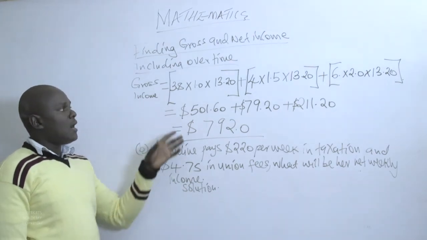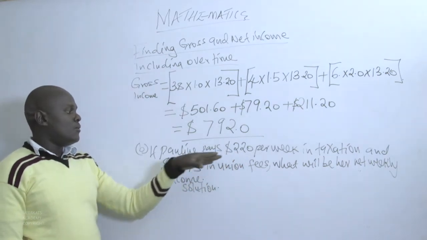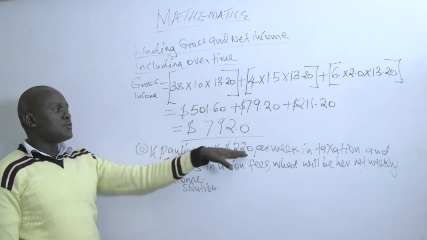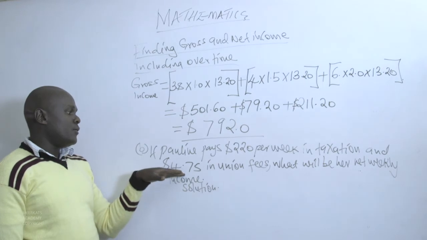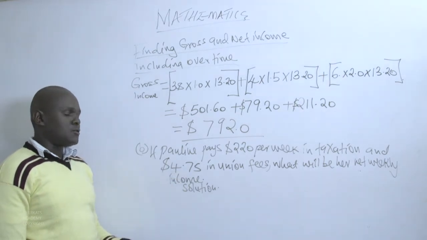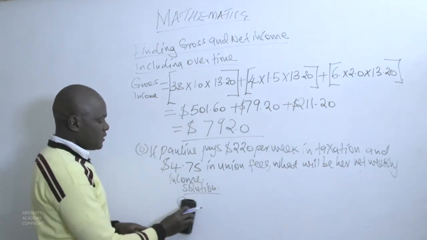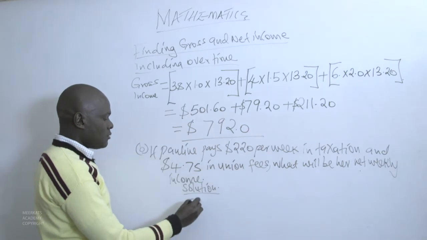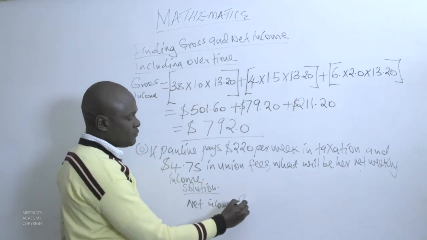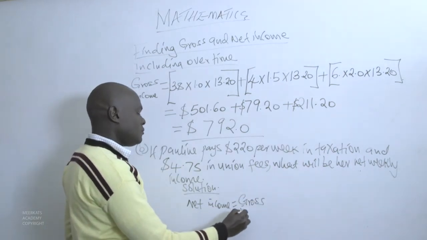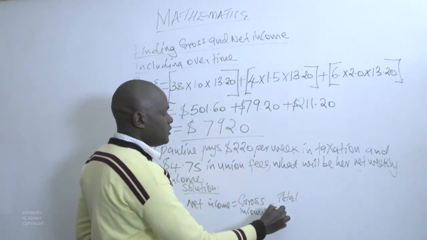Remember, we have calculated our gross income. We have been given the two deductions that we have, the weekly deductions for taxation and also the weekly deductions for the union fees. And we have already learned that net income is equal to the difference between gross income and the total deductions.